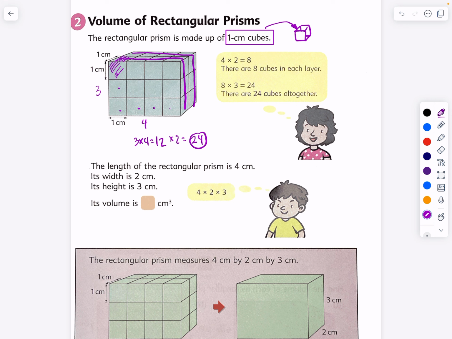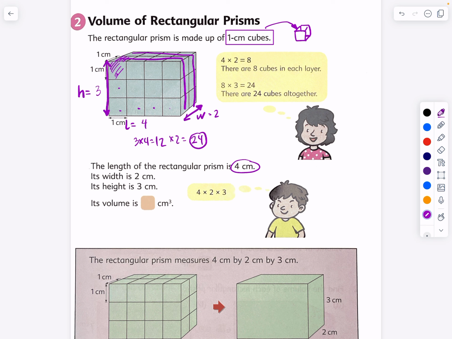You can look at it from two different points of view. The length is 4. The width is 2, that's your W. And this is your height of your 3D shape.